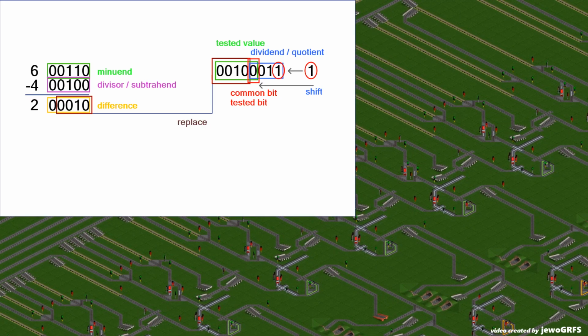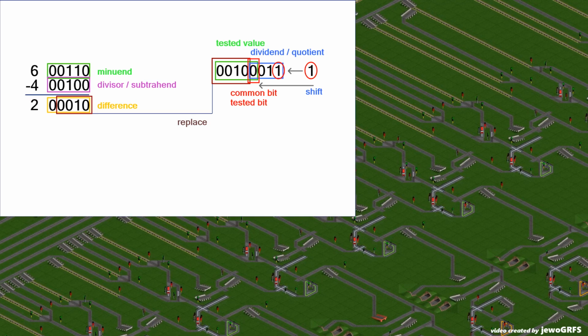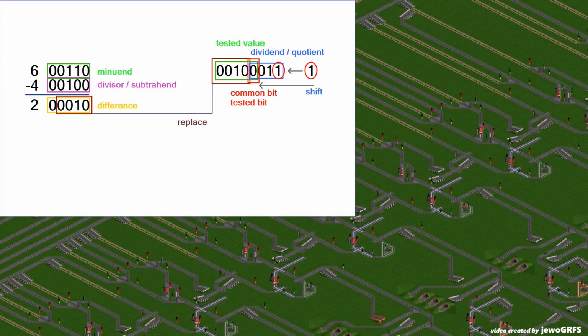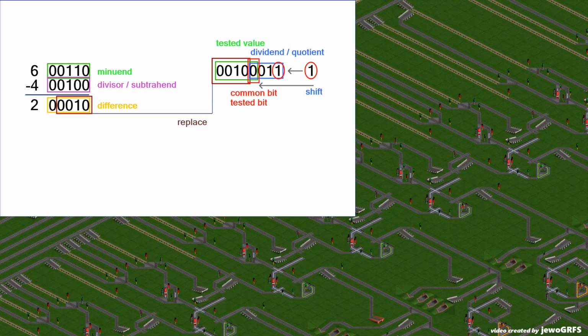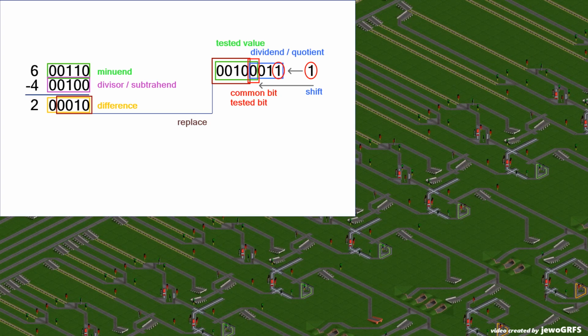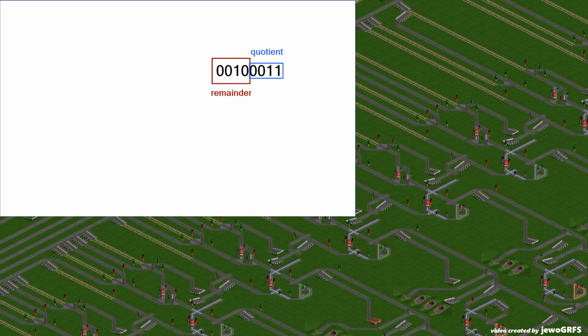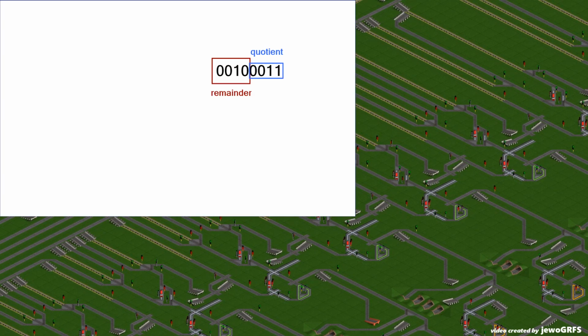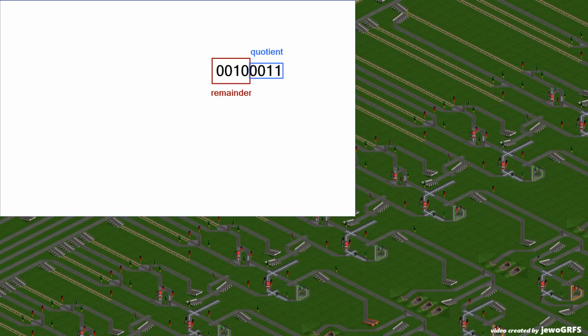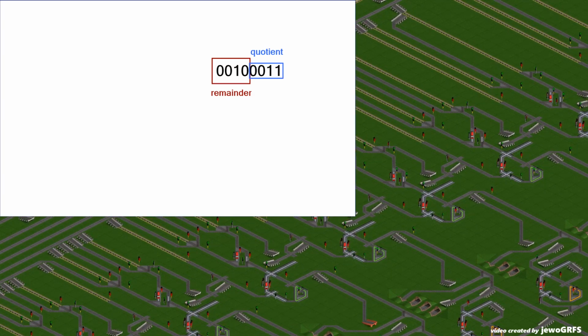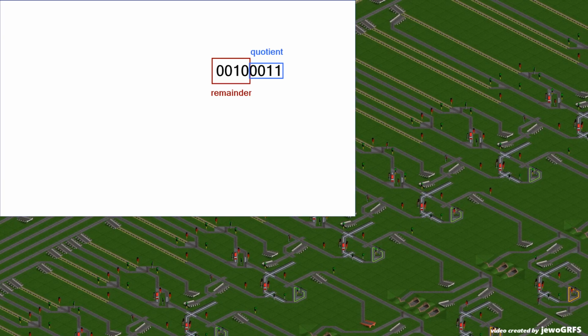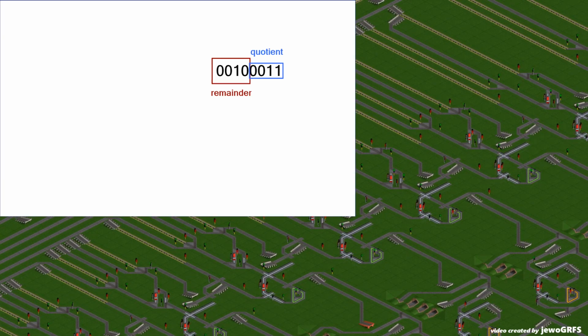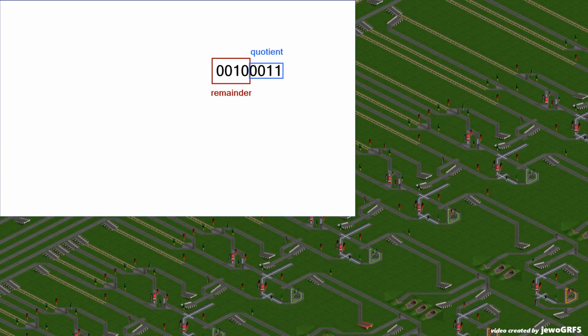And again, we're shifting that blue register plus bit of quotient and replacing our 4 bits of that brown rectangle with our difference. And now we have our final result, which stands in the blue for full quotient, that's 3. And our brown register right now stands for our remainder 2.